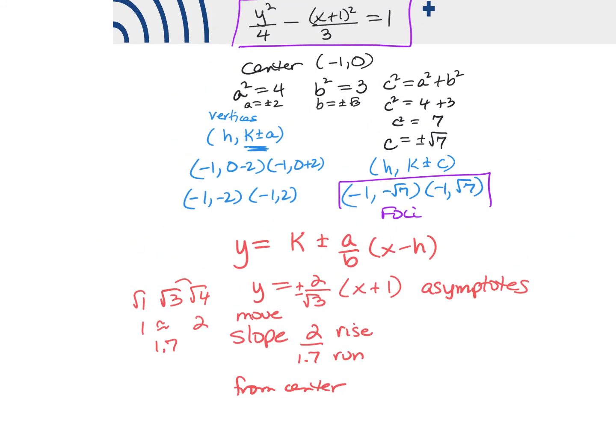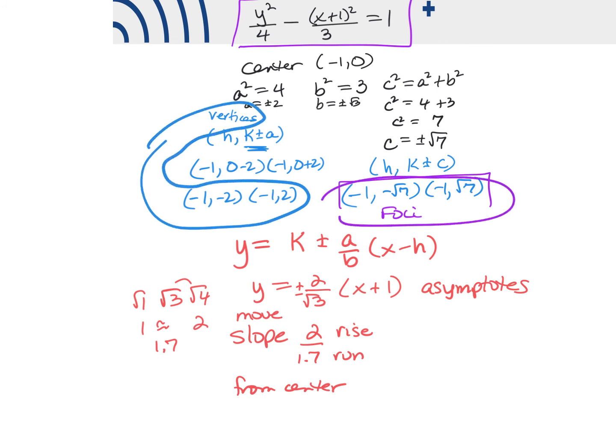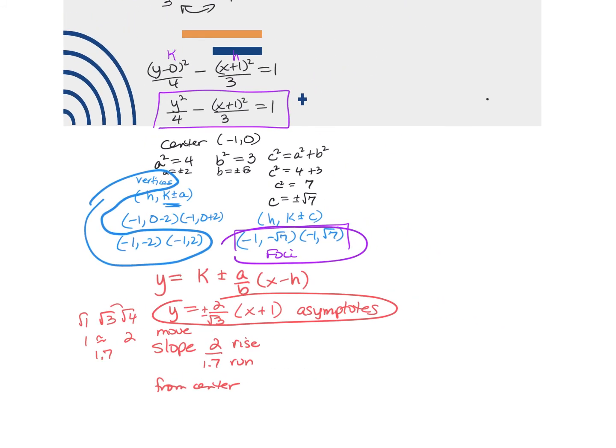So I'm going to be graphing the vertices, the foci, and then the asymptotes. So let me go ahead and make my axis. I'm going to graph my center point. My center is at -1, 0.